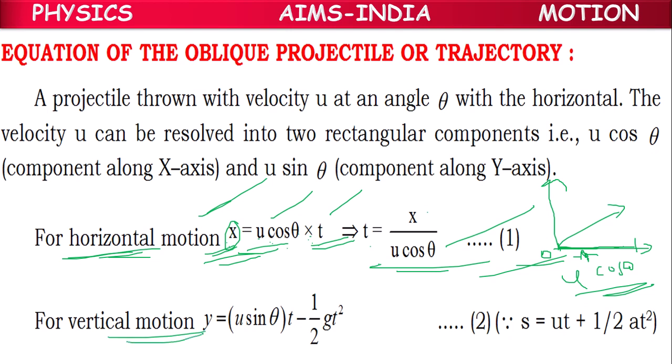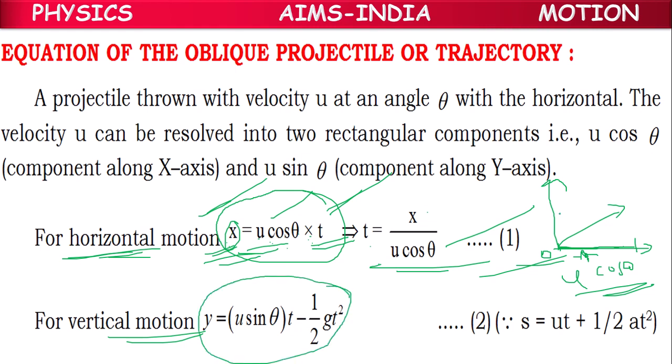For horizontal motion, as velocity is constant, we directly use the formula speed into time. But for vertical motion, it is not a normal body.